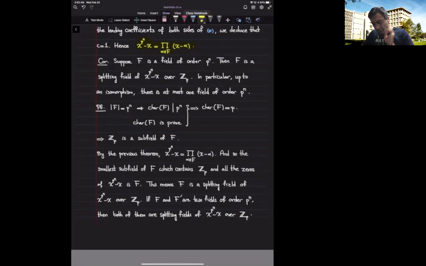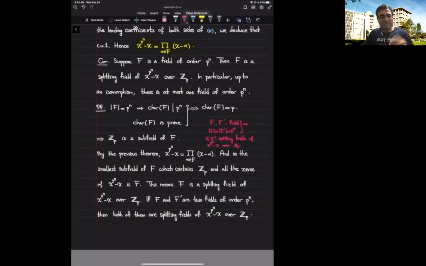Again, let's understand the logic for the second part. If I tell you that F and F prime are both fields, and both of them have cardinality p^n, then if the first part holds, I can deduce that both F and F prime are splitting fields of the same polynomial x^(p^n) - x over Z_p.